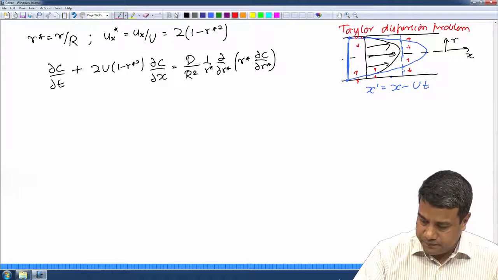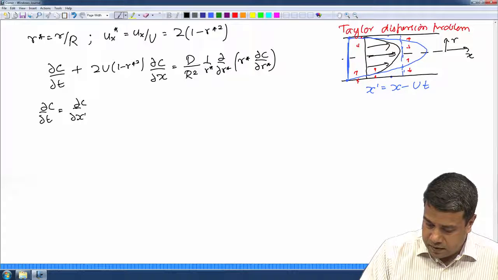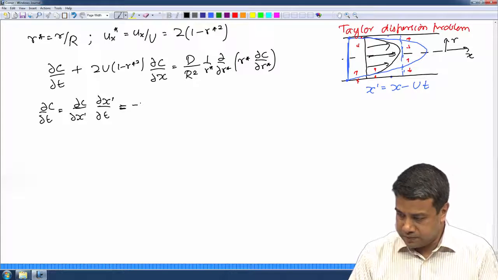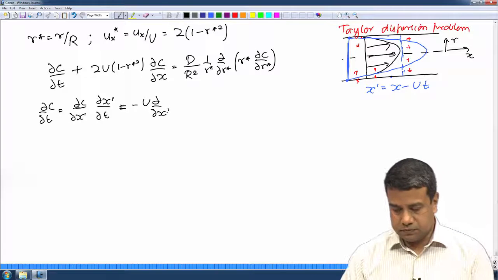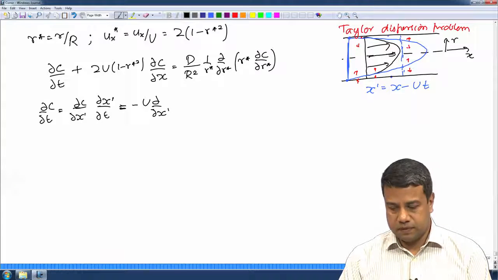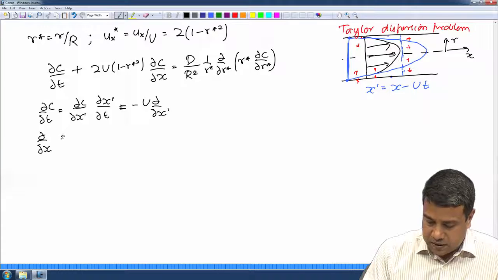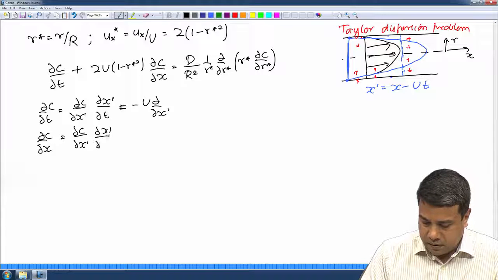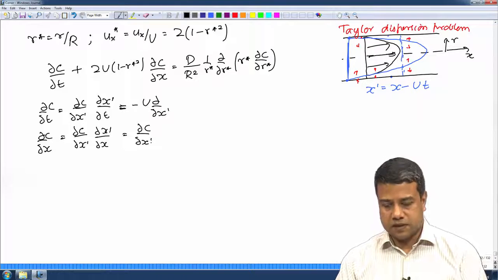In that case, partial by partial t, partial x prime by partial t, is equal to minus u, and partial by partial x is equal to partial c by partial x prime, because partial x prime by partial x is equal to 1.